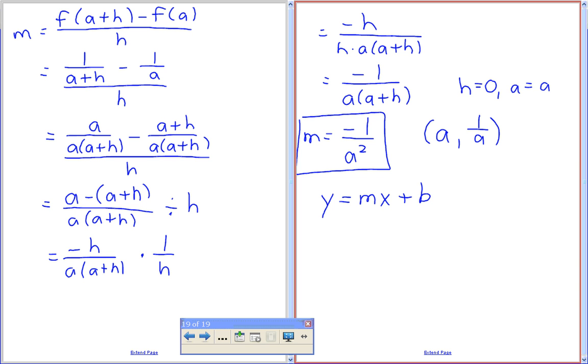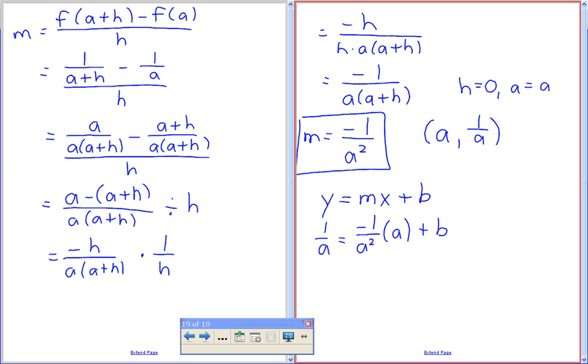1 over a equals negative 1 over a squared times a, plus b. Wonderful. What's negative 1 over a squared times a just equal to? Negative 1 over a.